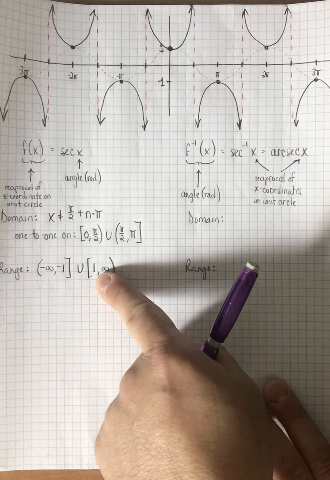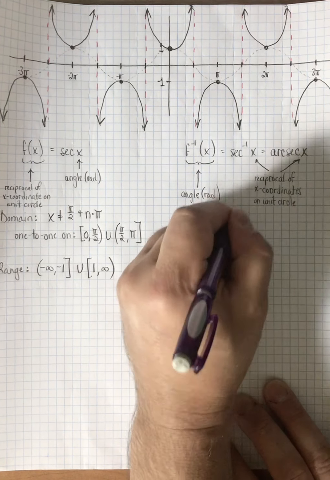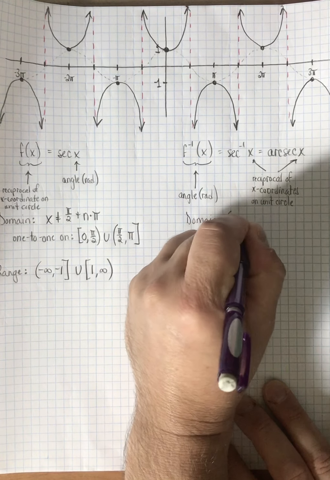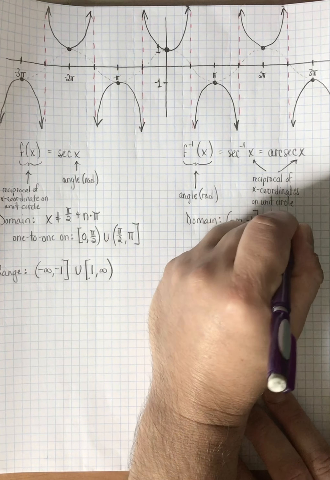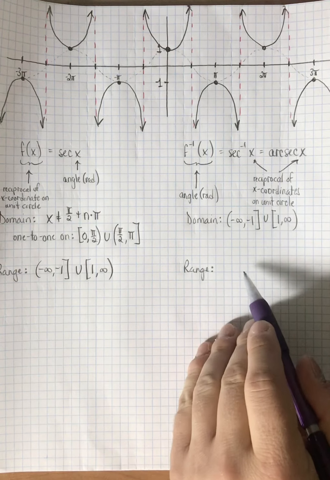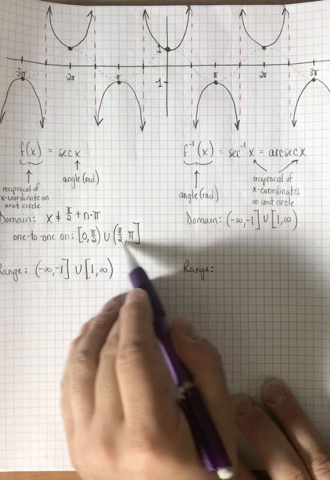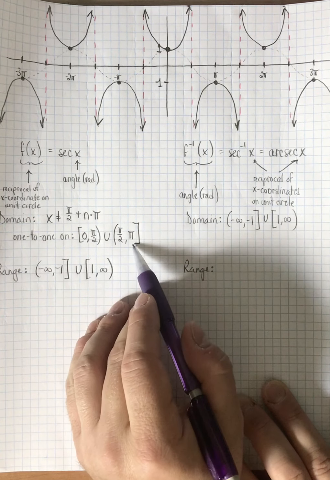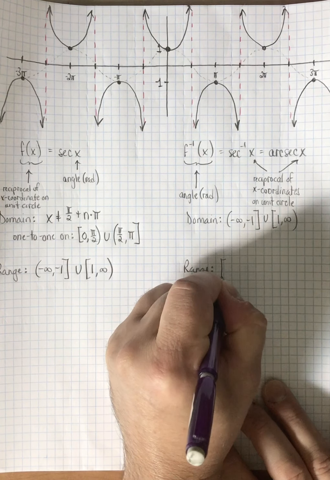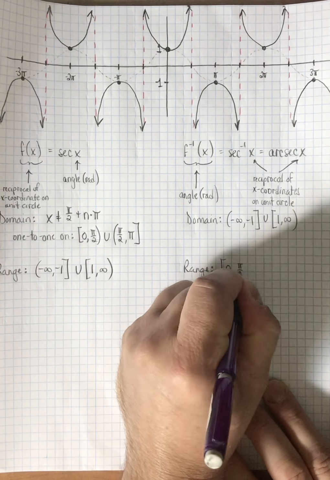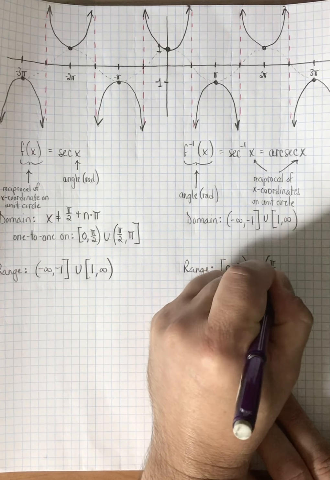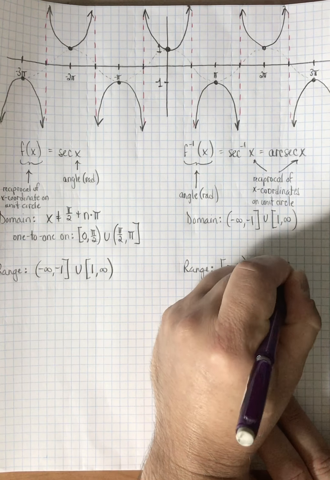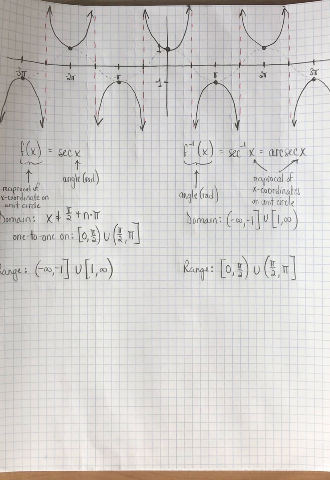We get the same thing here. The range of the secant function becomes the domain of the inverse secant, or arcsecant. And the range of arcsecant is the domain under the restriction. And there we have the inverse secant, the arcsecant function.